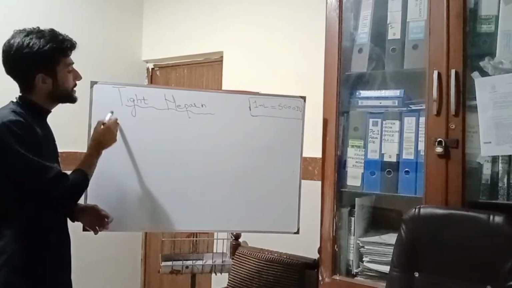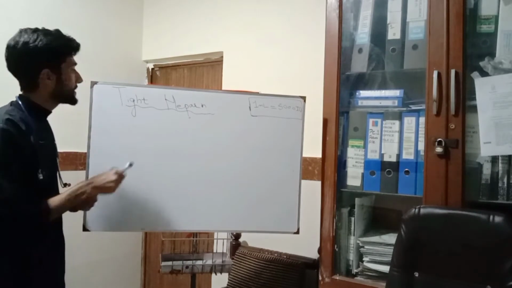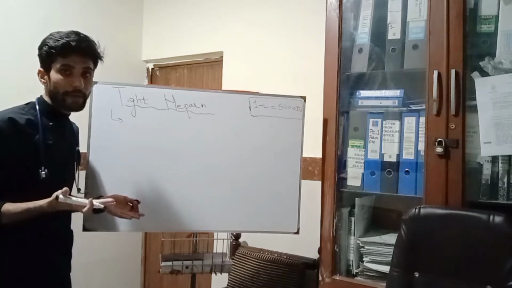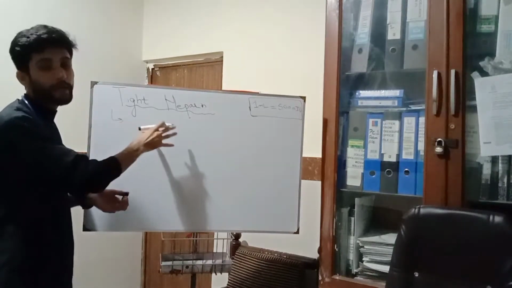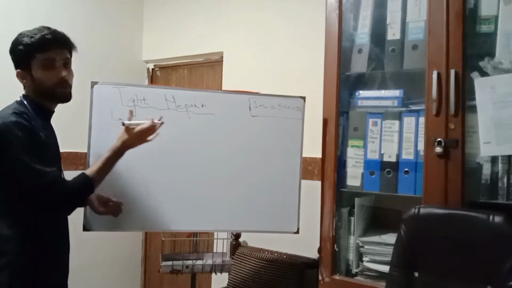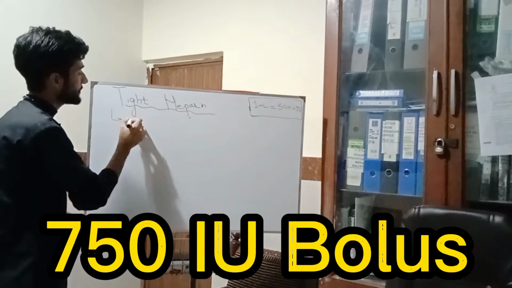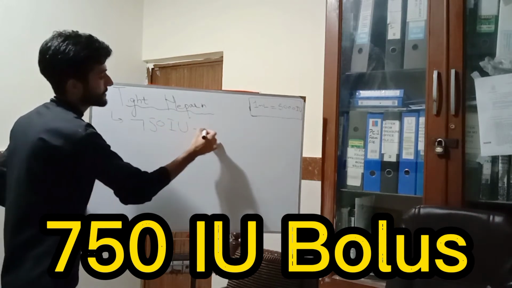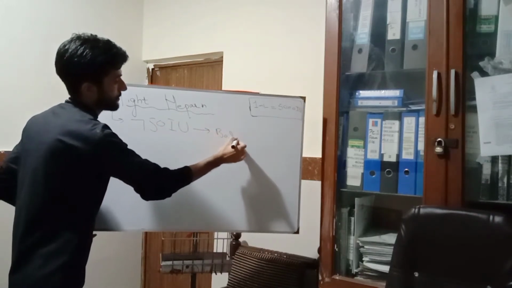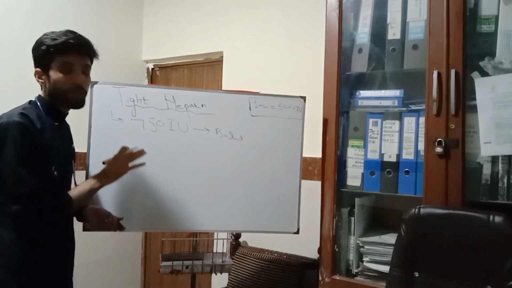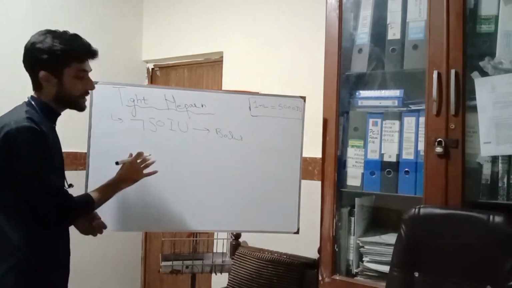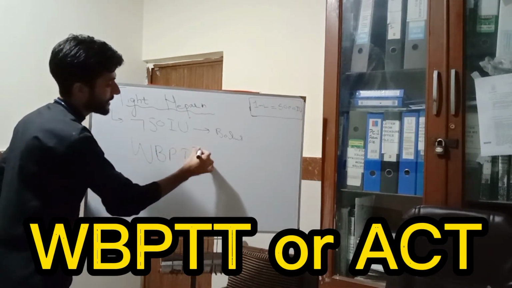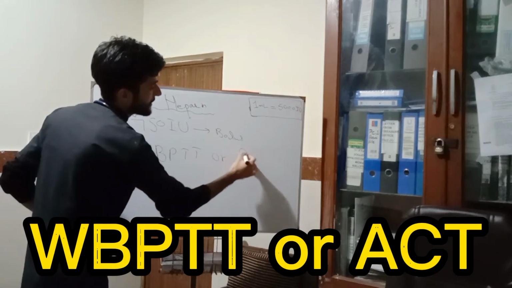And then the second regime is the tight heparin method. In the case of tight heparin, there are different indications in which we have to give tight heparin to the patient. So what will be the dose of tight heparin? You have to give a 750 international unit bolus and wait for 2 to 3 minutes and measure whole blood partial thromboplastin time or activated clotting time.